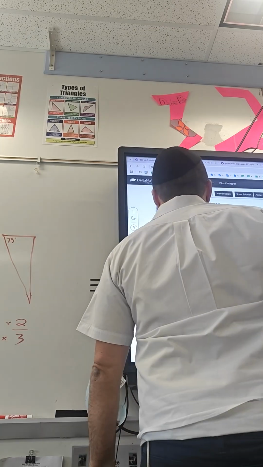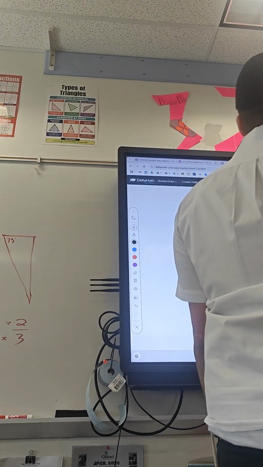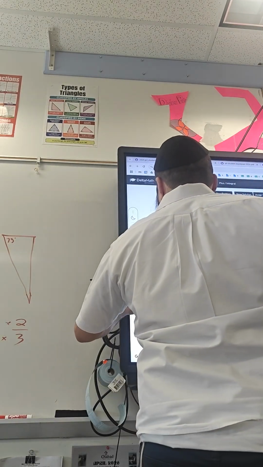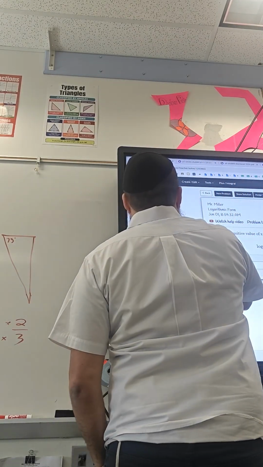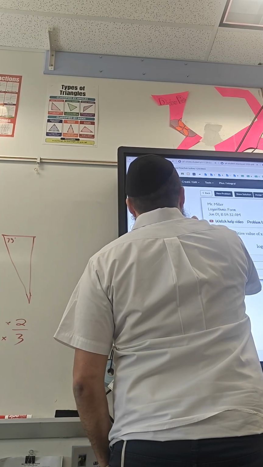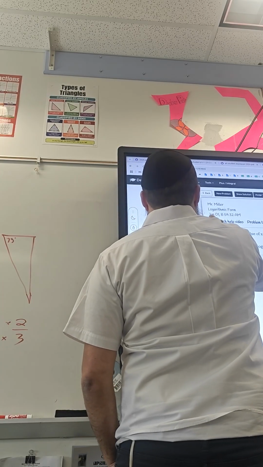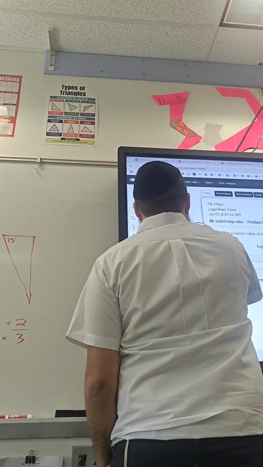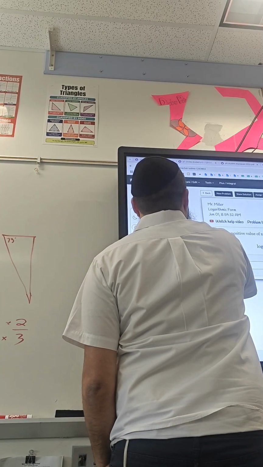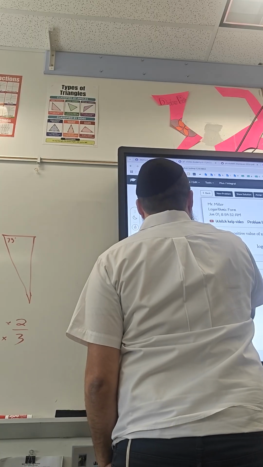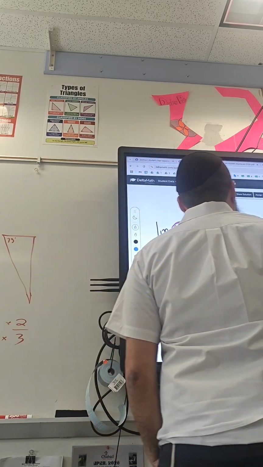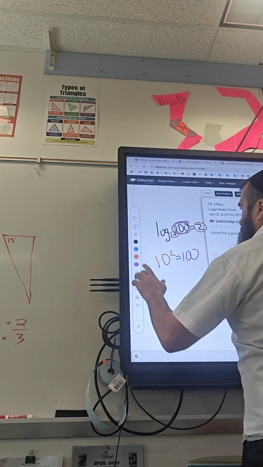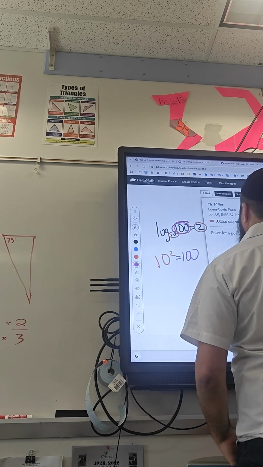All right, this is the one. If you remember my original problem, the first thing I do when I relearn logs, I just go log base 10 of 100 equals 2. That means that 10 to the 2 equals 100. So here I can go, I'll stick with the colors, this to the this equals this.